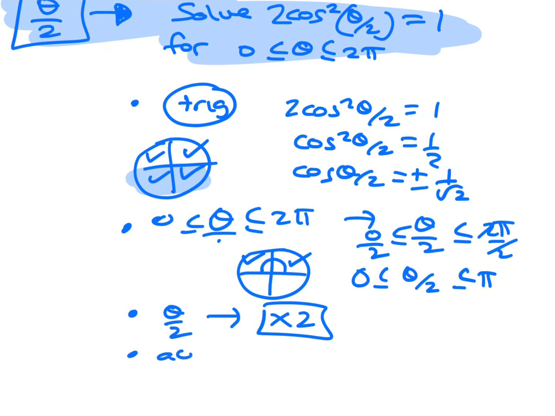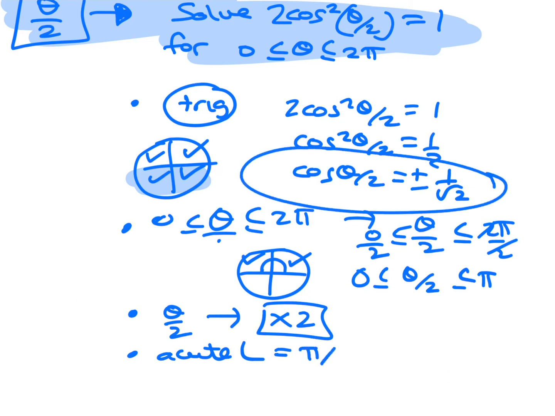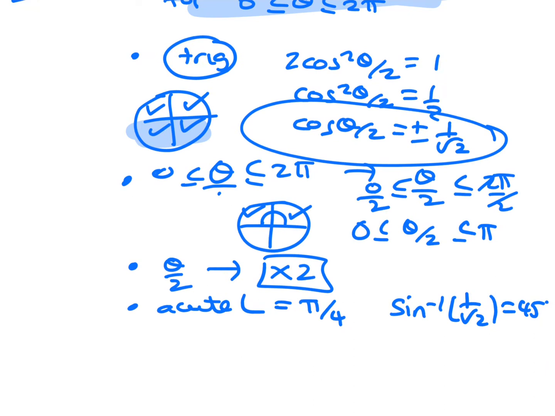Okay, so let's just get the acute angle. So the acute angle, so it's plus or minus 1 on root 2, so that would be 45. Because if you did sine inverse of 1 on root 2, you get 45 degrees or pi on 4. Okay, so now we're going to go theta, pi minus theta, and so you could do pi plus theta and 2 pi minus theta, but they'll actually be outside the domain.